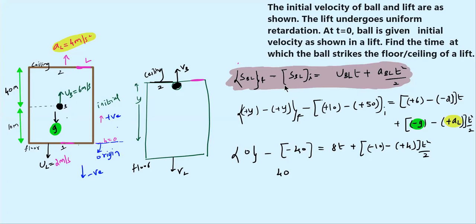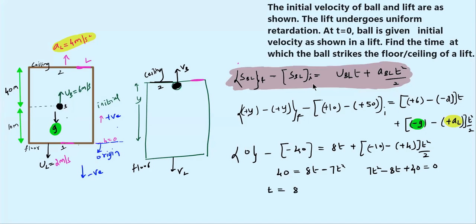This will be 40, 80 minus 14, 7t square. Quadratic equation: 7t square minus 80t plus 40 equal to 0.